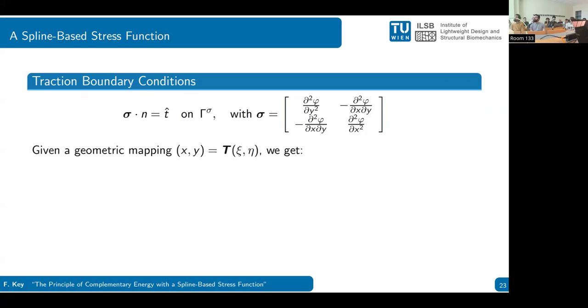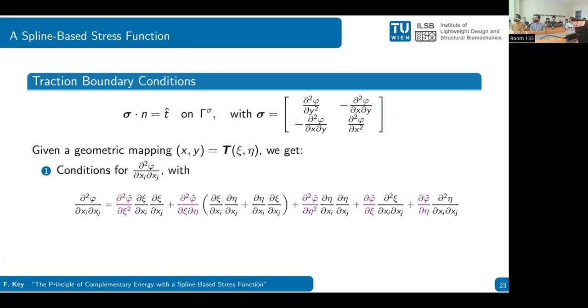And if we want to prescribe some of those values here, we get a condition for the second order derivatives, and using this mapping we can express the second order derivatives of phi with respect to the physical coordinates as a combination of terms depending on the second order derivatives of the stress function with respect to the parametric coordinates. So our interpolation functions are defined with respect to parametric coordinates. Therefore we cannot evaluate this directly, but we have to apply a chain rule and we get something like this.